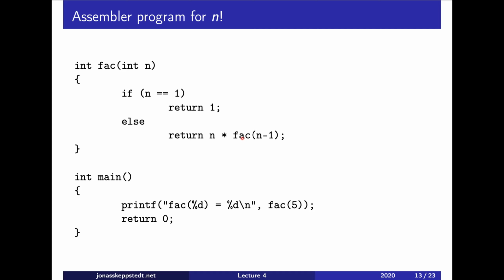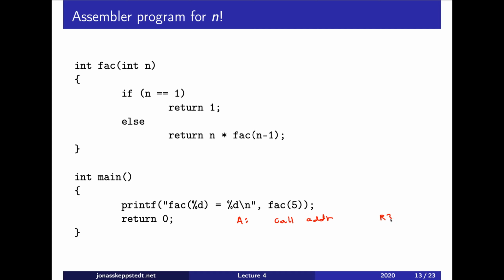Okay, so what is it that we need to do now? Recall, we save the return address when we do a call. We are here at A, we can say.